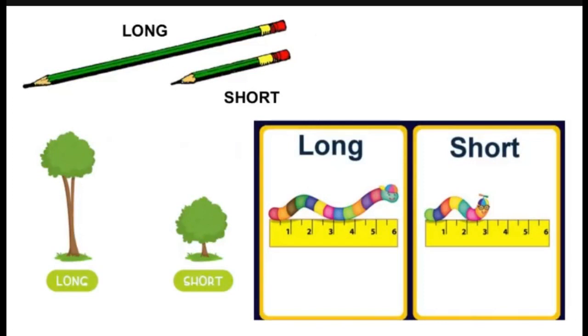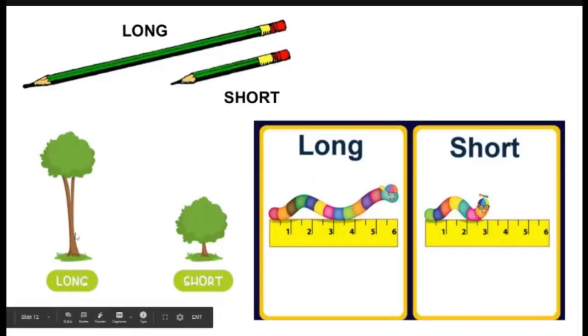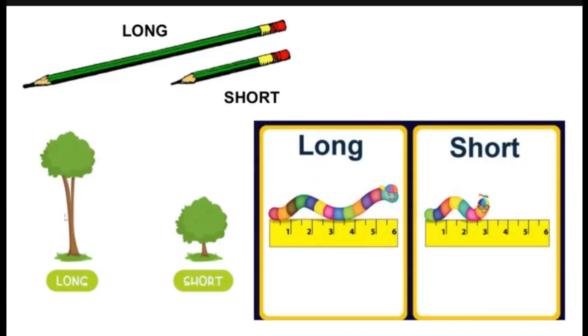Now, we can have some things that are long. Some things are very long, and some things are very short. This tree is long.